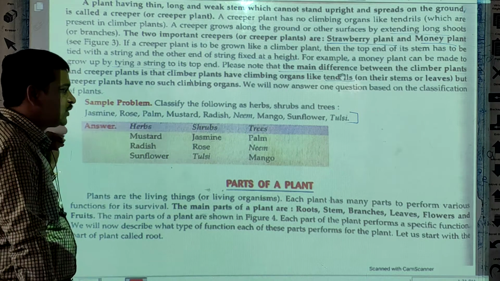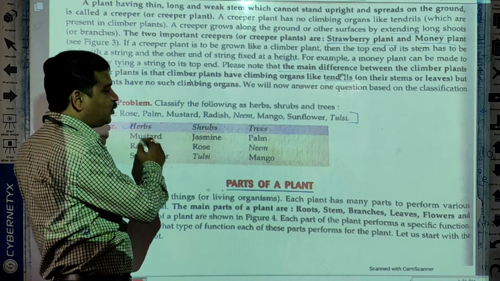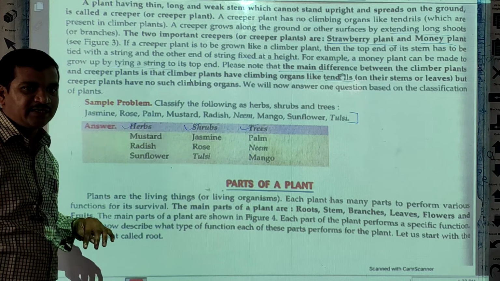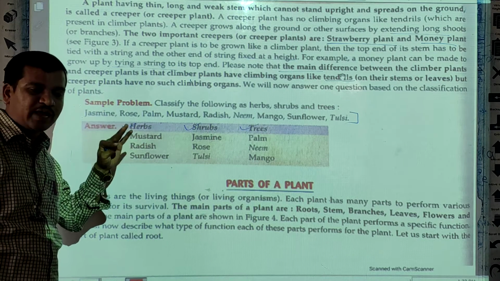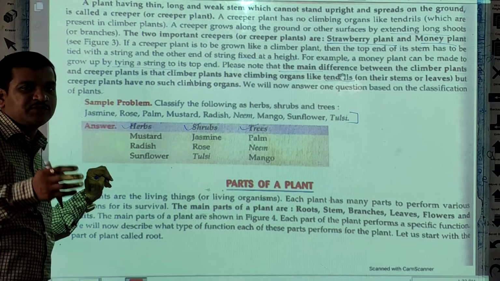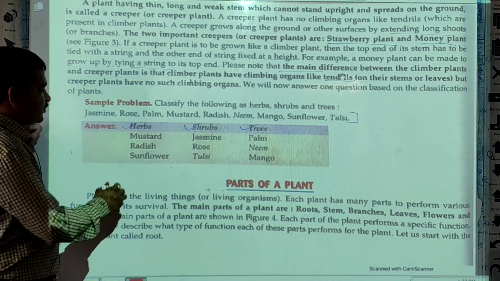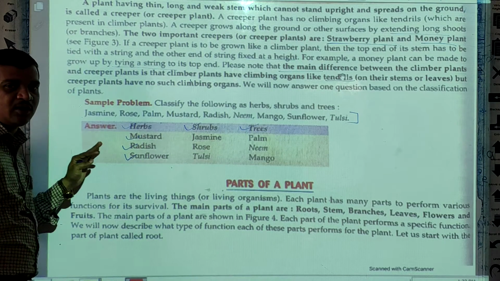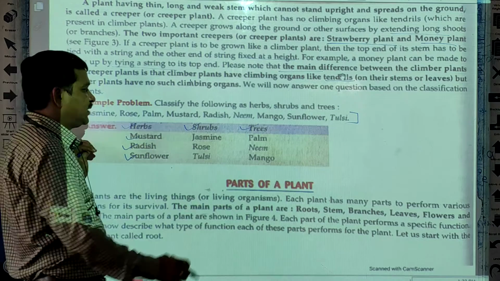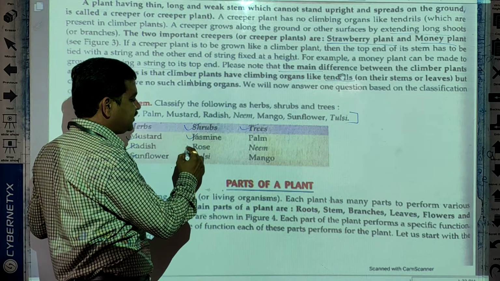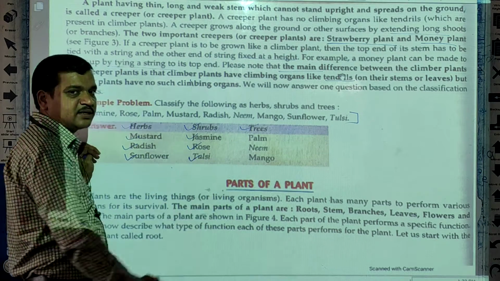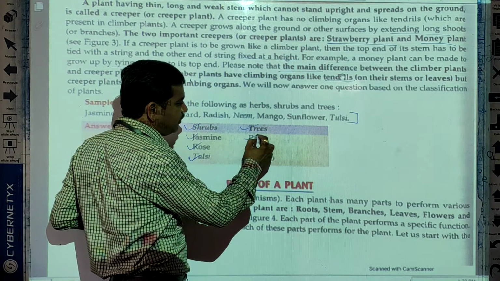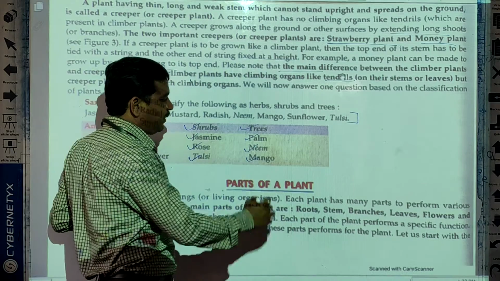First we can make herb, shrub and tree groups. Those whose height is less than 1 meter are herbs. So mustard, radish, sunflower are herbs. Shrubs: jasmine, rose, tulsi. And trees are palm, neem and mango.